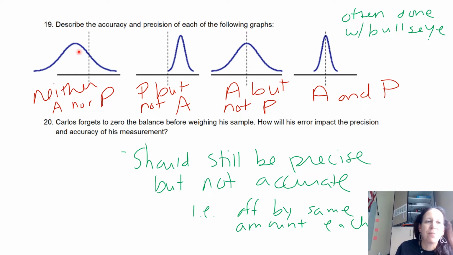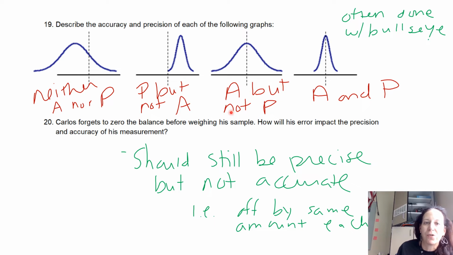This is accuracy and precision. So up here it says often done with bullseye. That's usually how this is illustrated. This one is neither accurate nor precise. This one is precise but not accurate. This one is accurate but not precise, and this one is both accurate and precise.